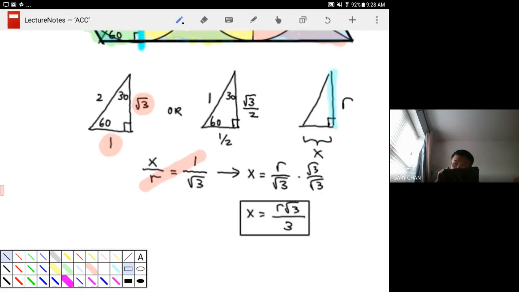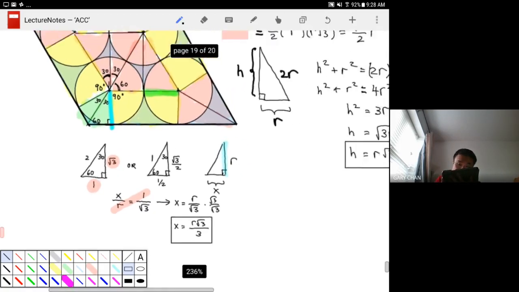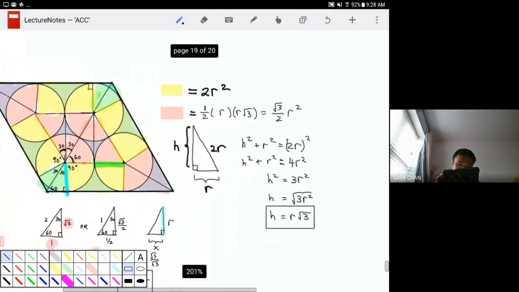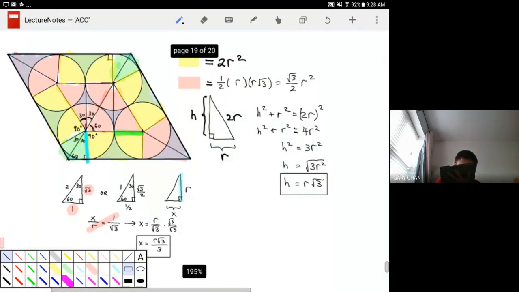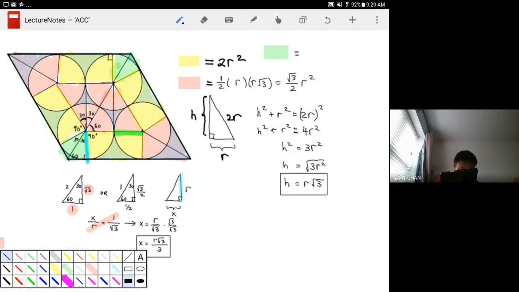And we're almost done with this. So now that I know X is equal to R radical 3 over 3, I'm going to get back over here, where I'm summarizing all of this. What's the area in green now? 1/2 R times R radical 3 over 3 squared.